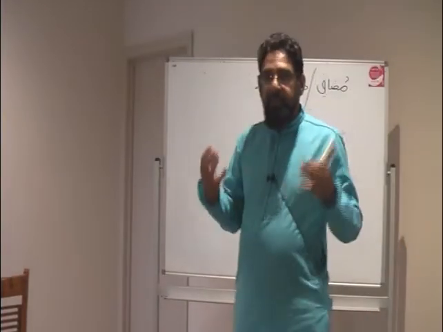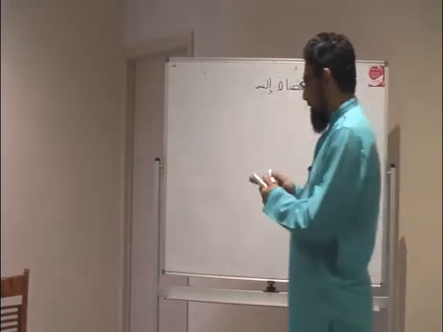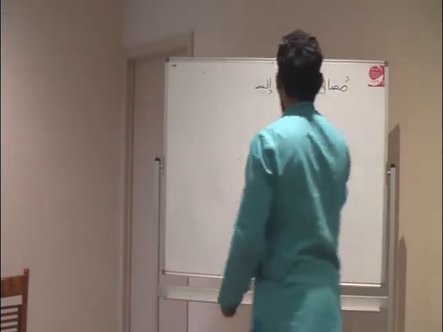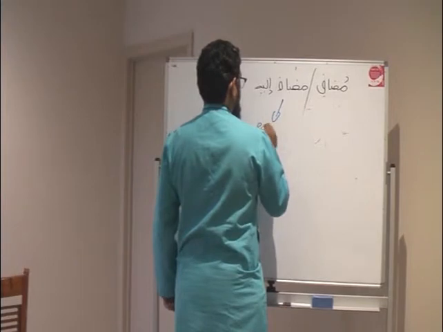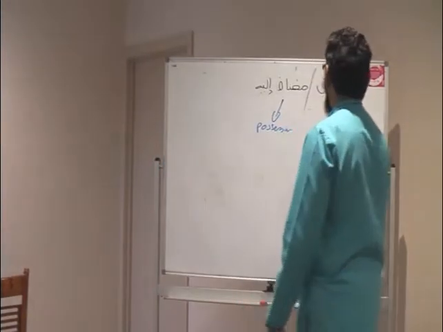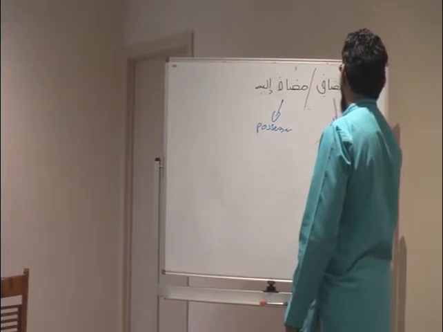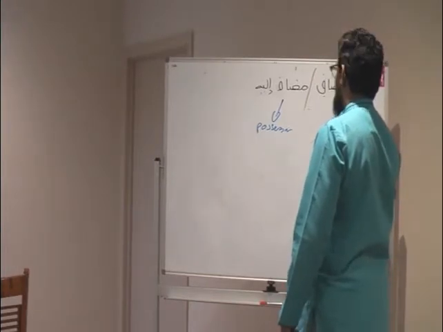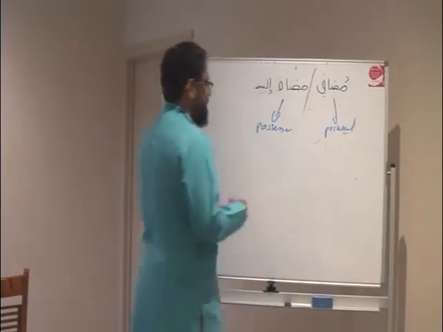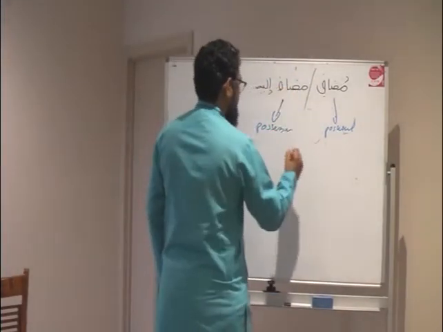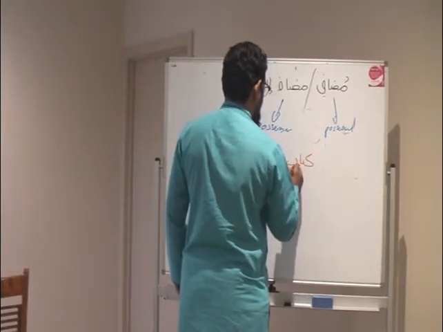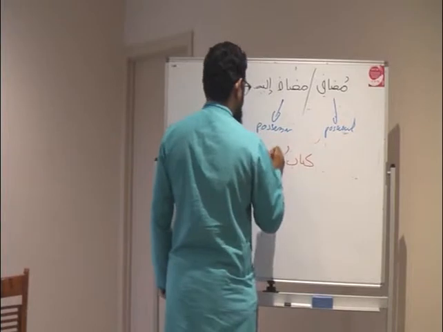So it's a possessive phrase, and in the mudaf mudaf ilayh, the possessor is the second part, and the first part is the possessed. So if we want to say Zayd's book: kitabu.